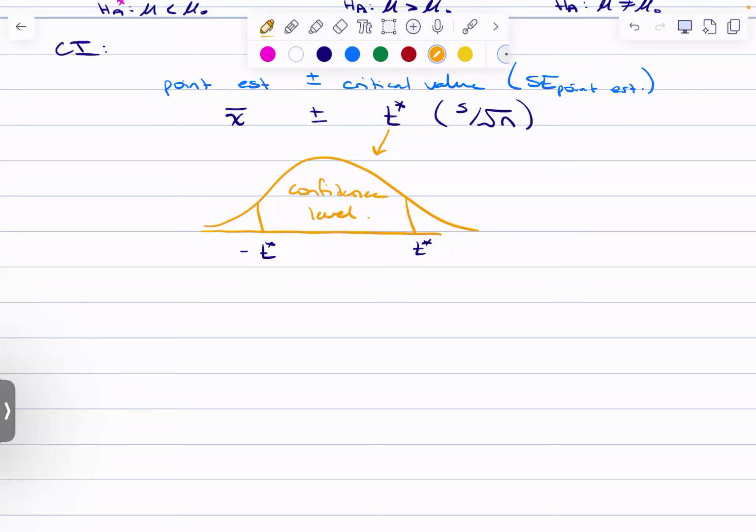The central 95% of the curve, for example. Right? It's going to depend on the degrees of freedom again, right? But so for example, 95%, the central 95%, which forces 5% in the tails, but split evenly between the tails. And that's how you find your T star.